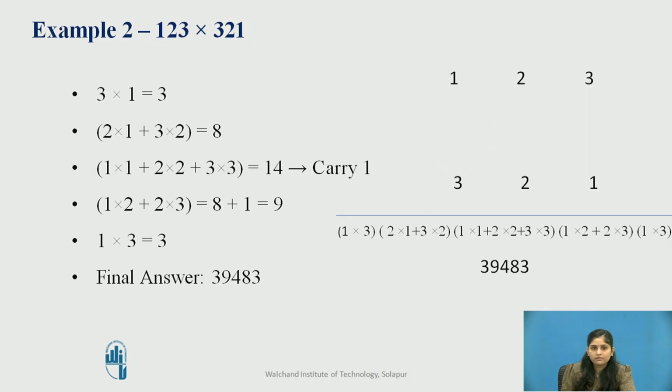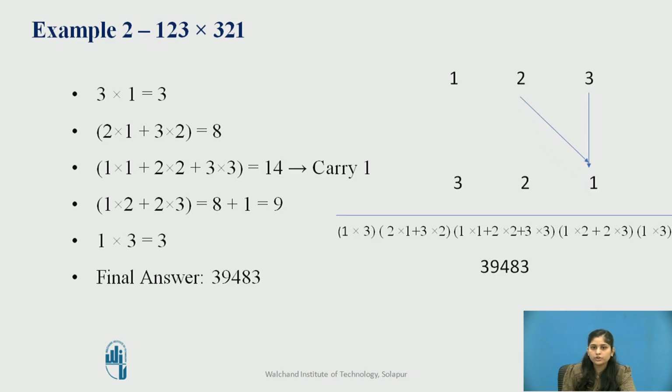Now let us take one example for 3-digit multiplication using the Urdhva Tiryagbhyam method. If we have to multiply 123 with 321, see how we can perform the multiplication. First of all, we multiply the unit place, 1 into 3. Then we cross multiply and add the tens place and unit place.